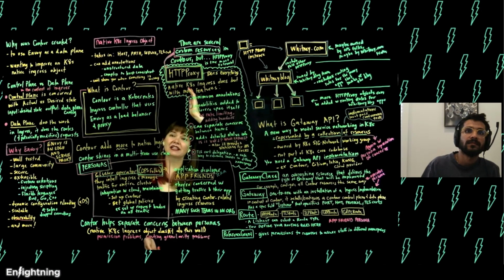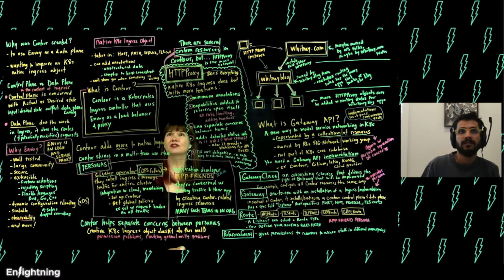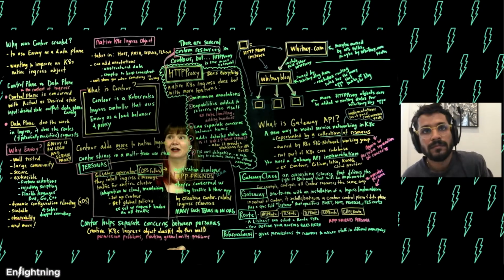Annotations get the job done, but they're unstructured data in the end, and it's complicated to keep them consistent. Also, a native Kubernetes object can't show you when something is wrong or what exactly went wrong. So you're kind of blind if there are errors in the way you've configured it. Those are some limitations of the Kubernetes object.